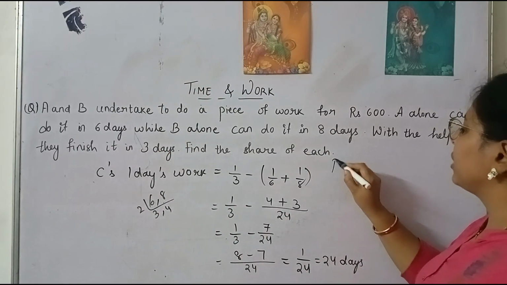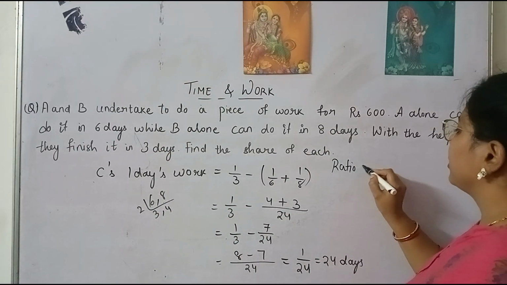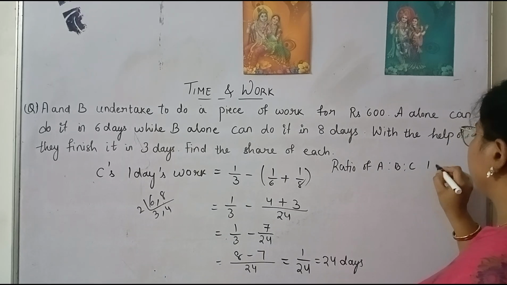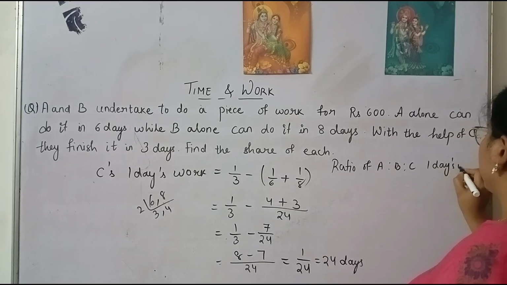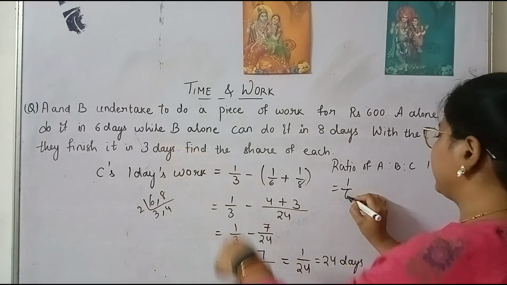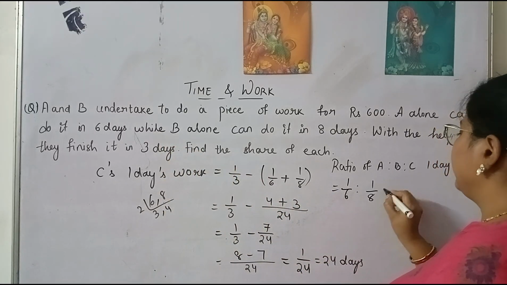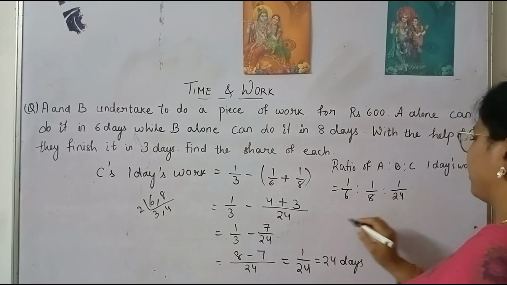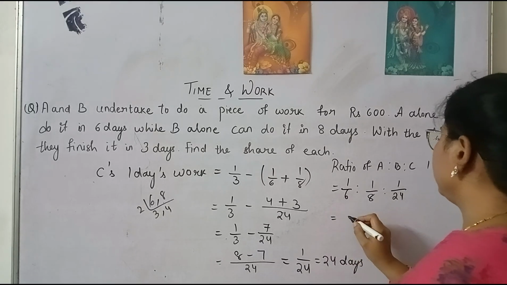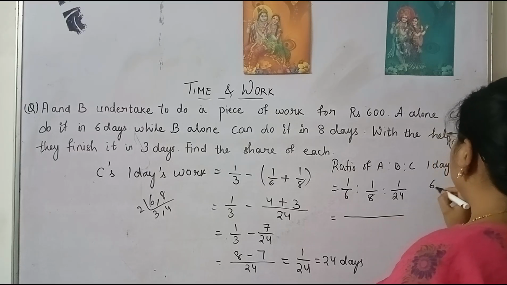Now let's take the ratio of the 3 of them. Ratio of A, B, C, 1 day's work. So 1 by 6 is to 1 by 8 is to 1 by 24. When we solve it, what will we get here? So again we take the LCM.